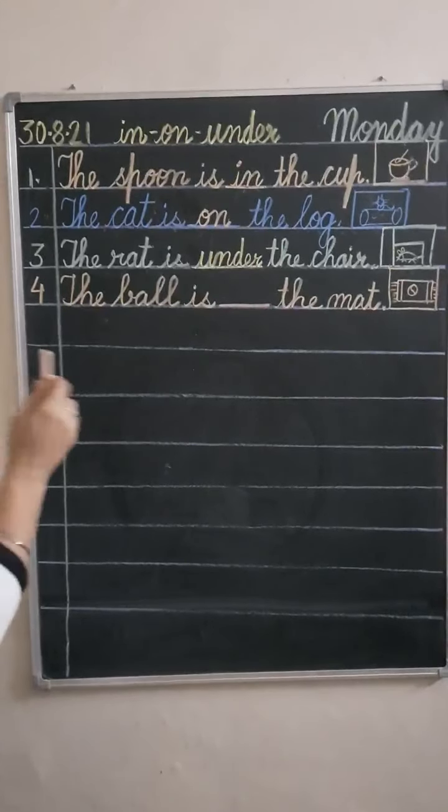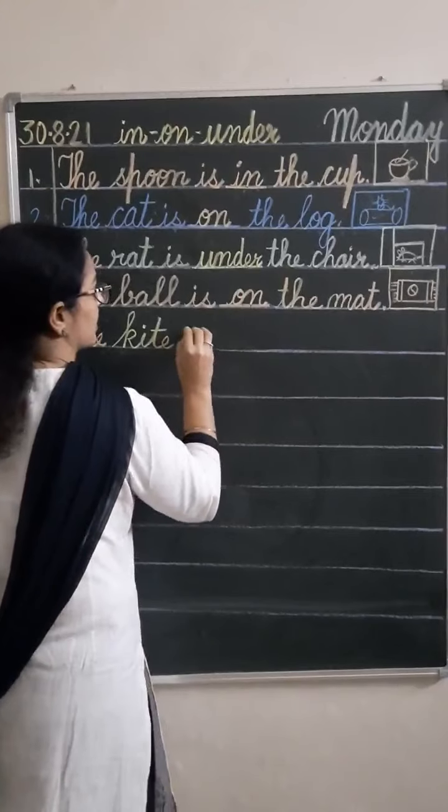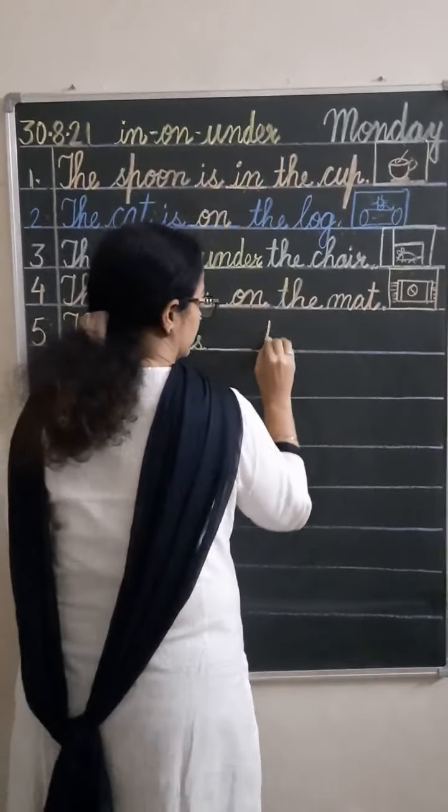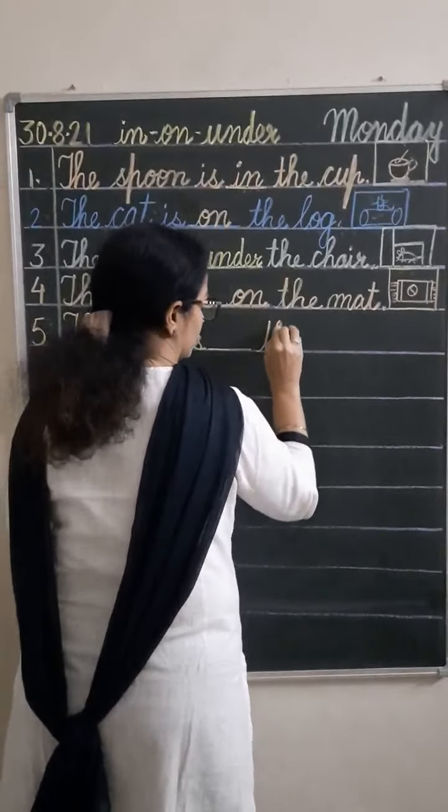The K-I-T-E, kite, is I-S is, make a blank, T-H-E, the, cut on the small t, then hut, H-U-T, hut, and here put full stop. Okay, the kite is dash the hut.